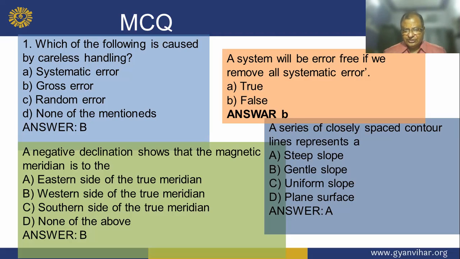So it is false. Answer is B. A series of closely spaced contour lines represents a steep slope, a close, a gentle slope. It is a steep slope.